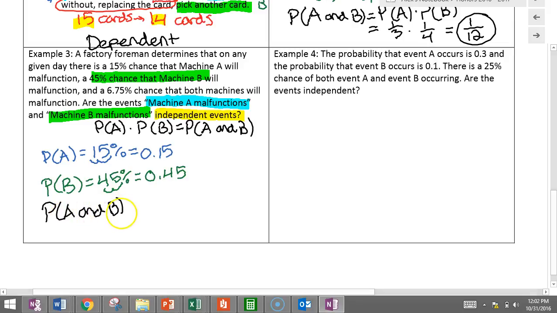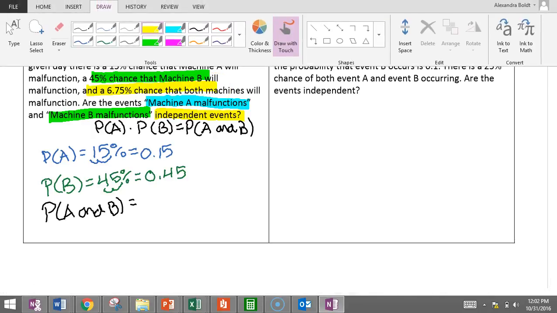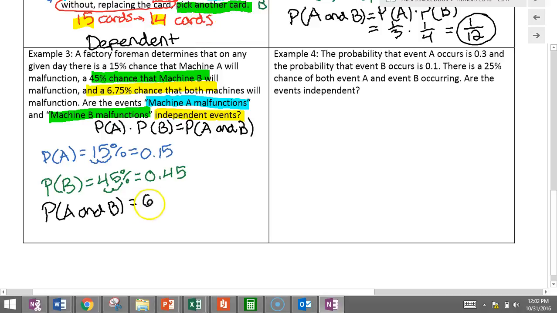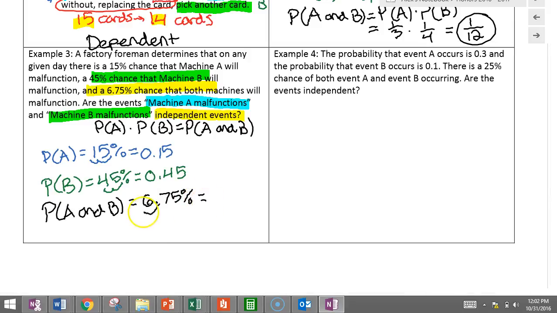I'm not multiplying here. I know all 3. I'm seeing yes, it's independent, or no, it's dependent. Okay? So the probability of both, 6.75% chance that both happen, which is, again, moving that back twice, 0.0675.